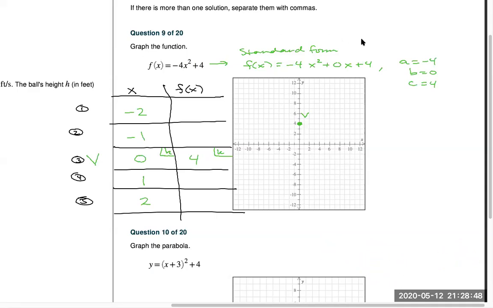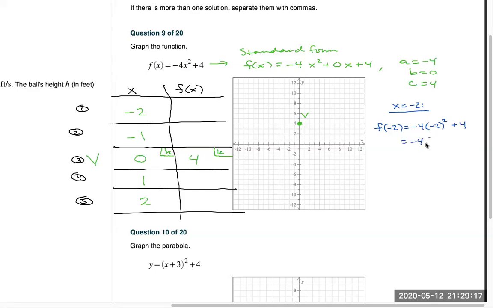Okay, so remember if you're trying to plug in, let me actually just do this in a different color so it's more emphasized. So you have x equals negative 2, for example. So f of negative 2 is negative 4 times the quantity, put in parentheses, negative 2 squared plus 4.